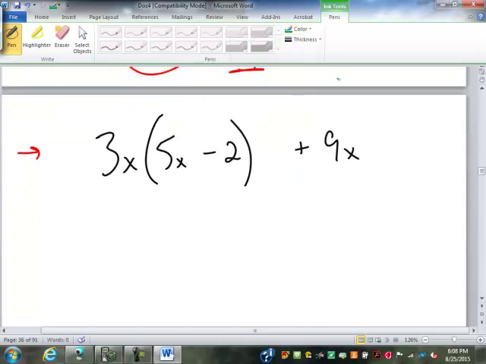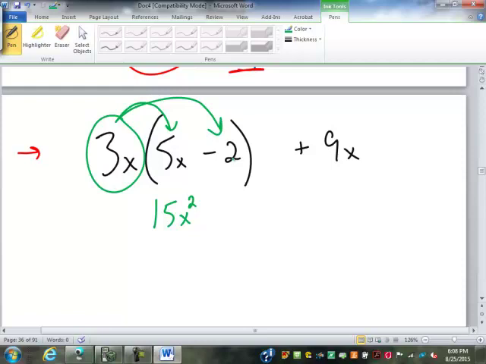So our 3x times the 5x minus 2 will distribute. So 3x times 5x is 15x squared. 3x times the negative 2, negative 6x.